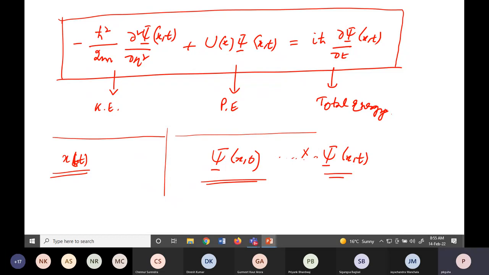We will take different specific examples, and take the boundary conditions according to those examples.